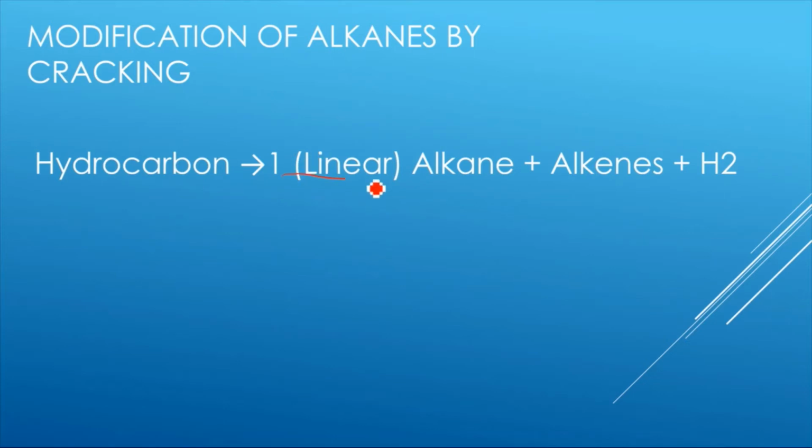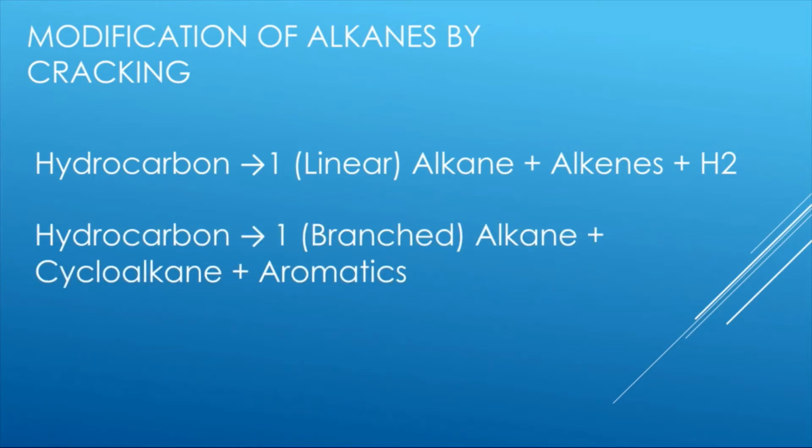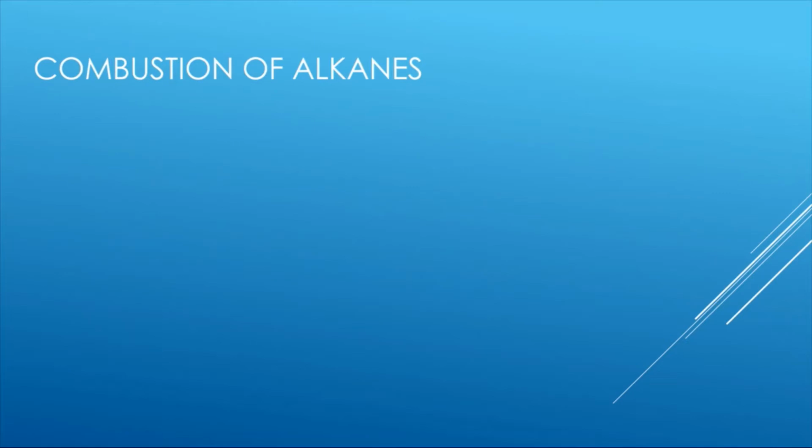You would only really produce linear alkane in this, and you can produce one or more alkenes in thermal cracking. You can also produce H2. But in catalytic cracking you would have one branched alkane, so only ever one branched alkane, and you can produce one or more cycloalkanes, and you can also produce aromatics.